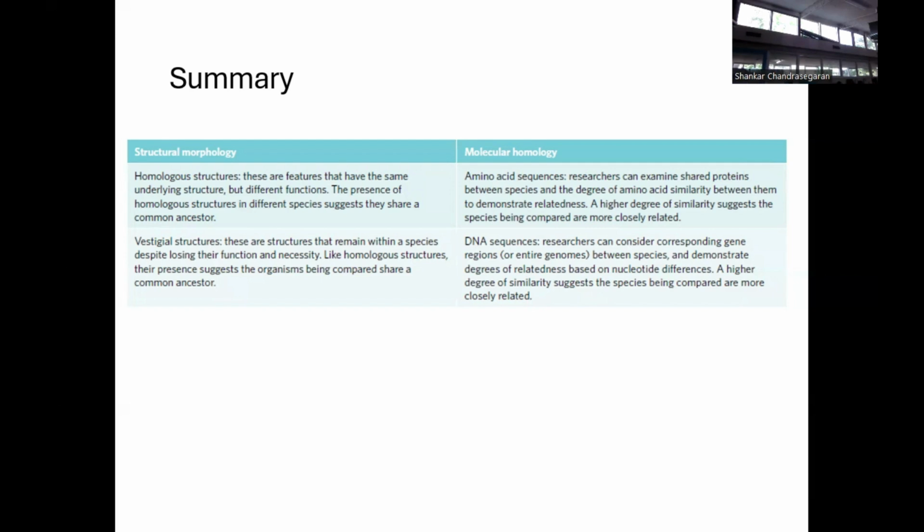For molecular homology, we study amino acid sequences and DNA sequences. For amino acid sequences, it is not as accurate if we're dealing with very closely related species, because between closely related species, they can be conserved in terms of their amino acid sequences.